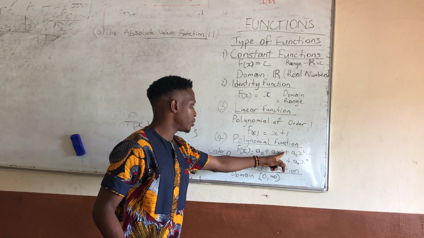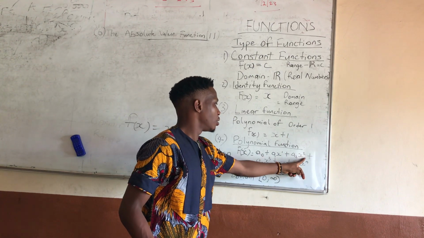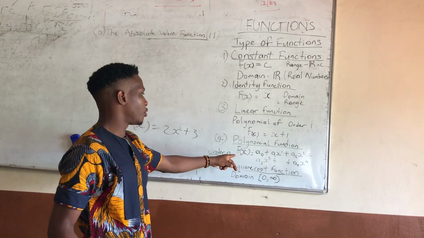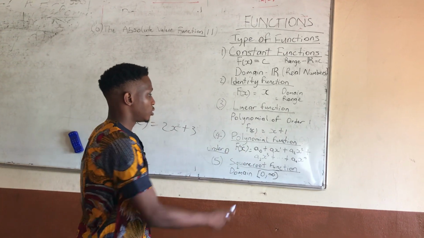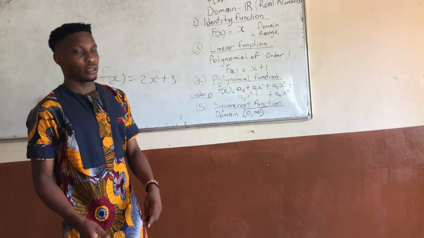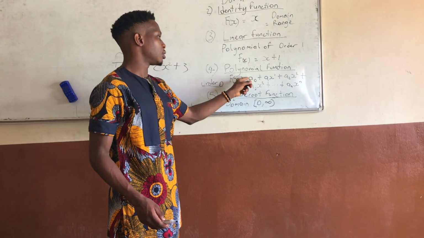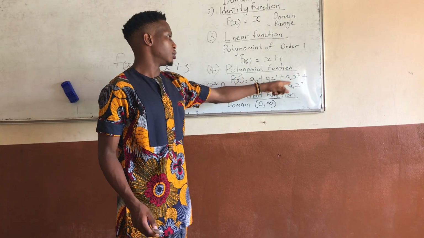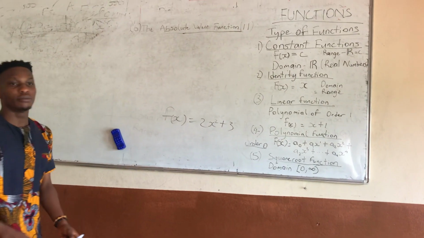If you stop here, you have a linear function. If you stop here, you have a quadratic function. If you stop here, you have a cubic function, till infinity. These are constants, and x is the variable.